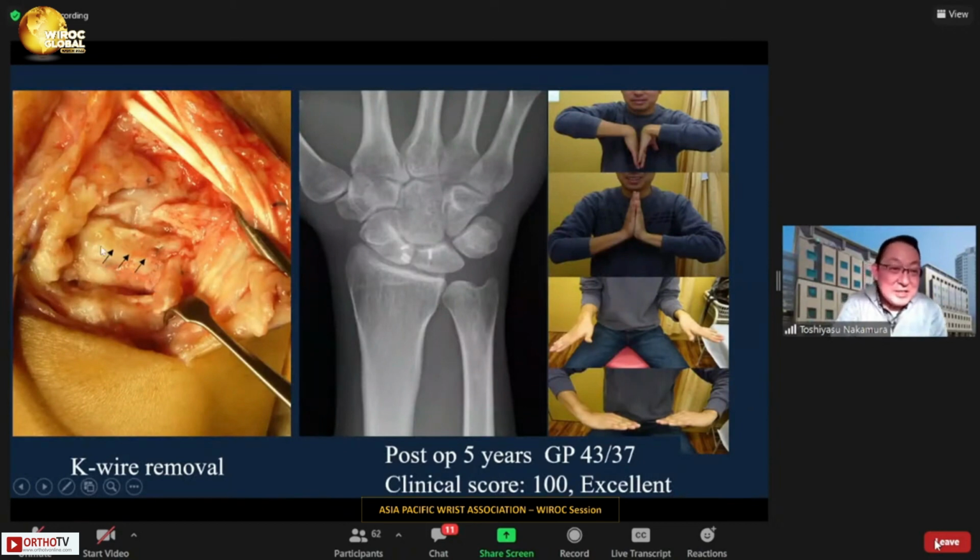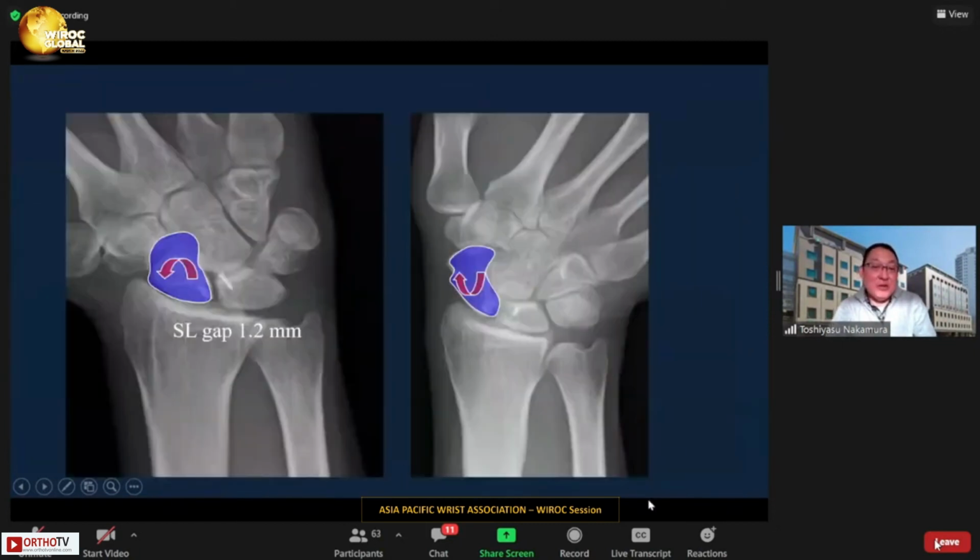So I checked it, and found that complete reconstruction was achieved in this patient. Then 5 years after the surgery, he obtained an excellent clinical result, with excellent motion in radial and ulnar deviation and almost normal behavior of the scapholunate.